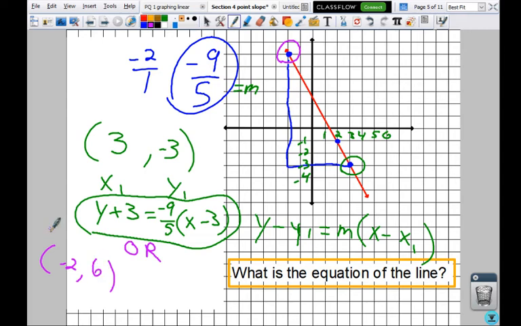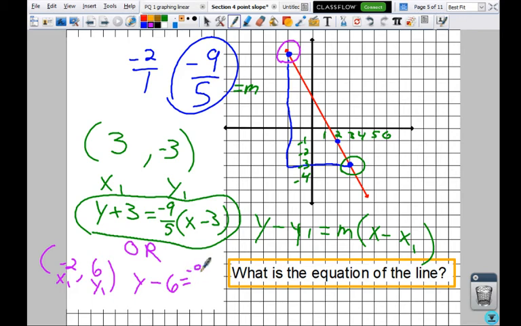I just need to pick one. You only need one of these answers. I'm just showing you both to show you what they both look like. So I could plug in -2 for my x1, 6 for my y1, and I would still be correct. I'm going to go y minus 6 this time. It's going to equal, my slope stays the same. Slope hasn't changed. All that's changed is my x1, y1.